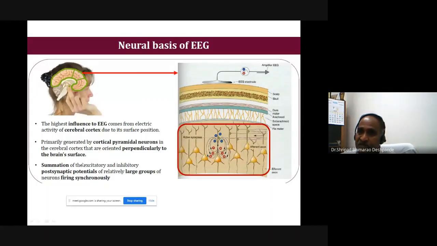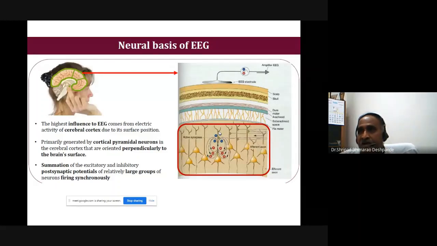So the highest influence on EEG comes from the electrical activity of the cerebral cortex generated by the pyramidal neurons. It is the summation of excitatory and inhibitory potentials of a large group of neurons, which are mostly, though not precisely, synchronous.